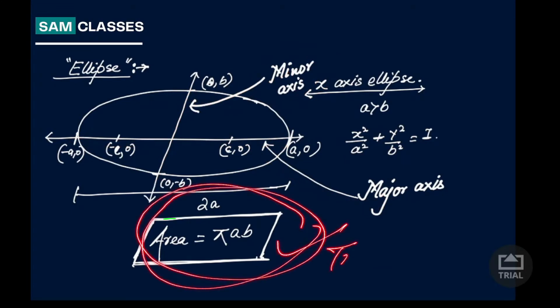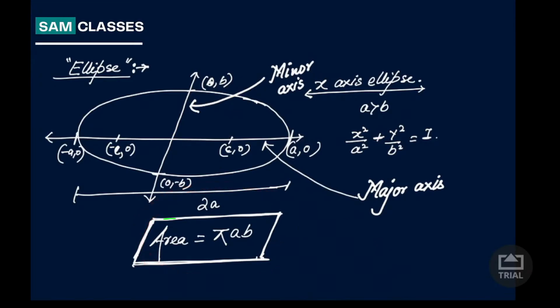Now, very, very important for an ellipse, the area formula. This is the trick part. The area formula is pi AB. If they give me a question, let's say x square by 144 plus y square by 81 equal to 1, find the area.